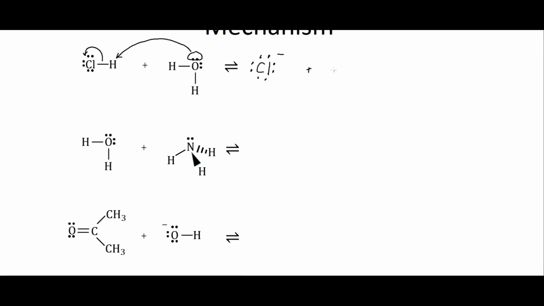So we have our water here, but now we also have another hydrogen, which I'll draw right here because those electrons took it. Now this is positively charged because we went from neutral and added this positively charged hydrogen onto it. And so we end up with our hydronium ion.